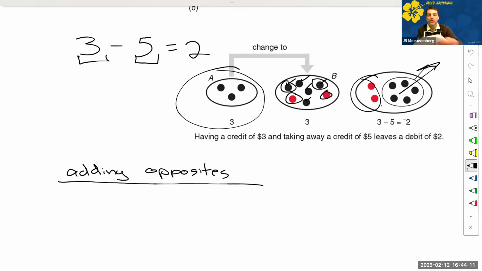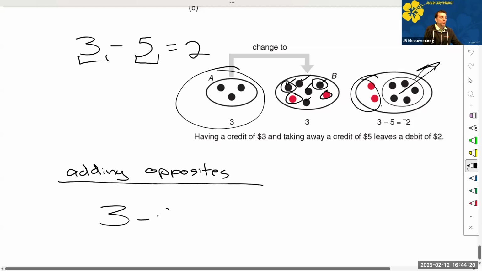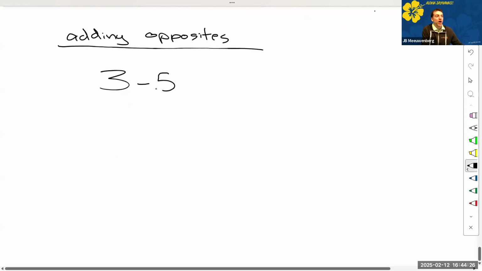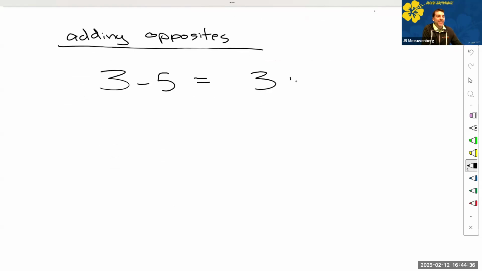And so let's do that same problem, that same idea, 3 minus 5, but we're going to represent it in a different way. The action of taking away 5 black chips actually has the same result as adding the opposite of 5.